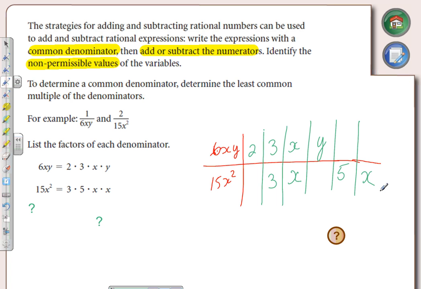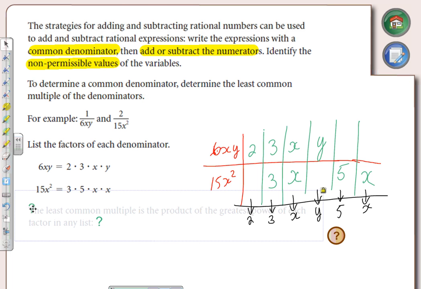My LCD is going to be made up of, bring each of these columns down. I need a 2, I need a 3, I need an x, I need a y, I need a 5, I need an x. Let's combine that into one monomial.